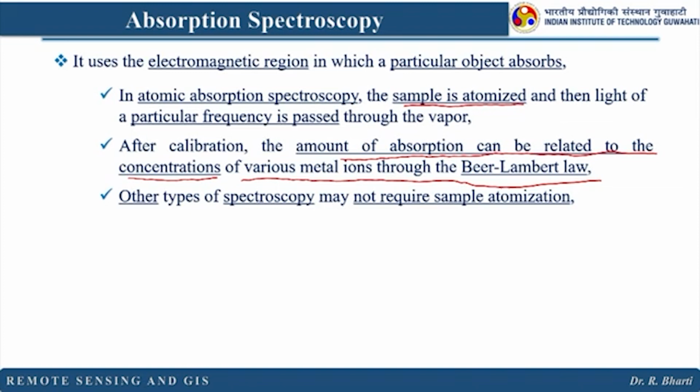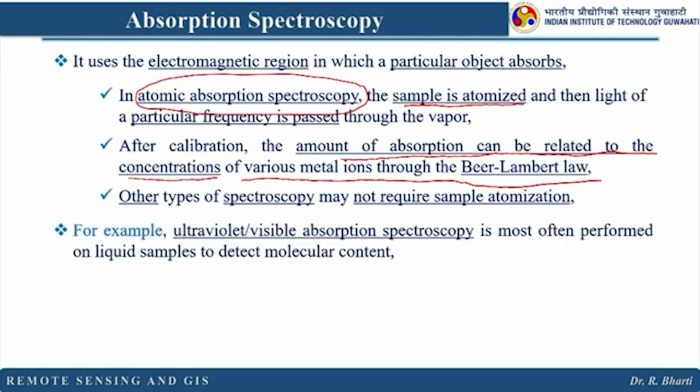So, how much energy it has absorbed, that you can derive. It changes with the technique and the instrument. So, do not get confused that sir told me this, but in this instrument it is happening in some other way. This is only in the case of atomic absorption spectroscopy.